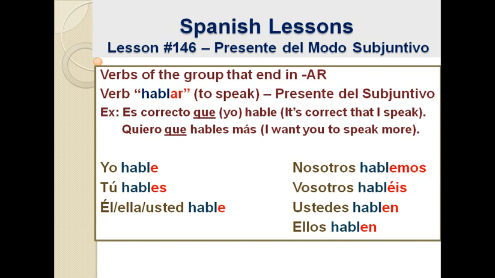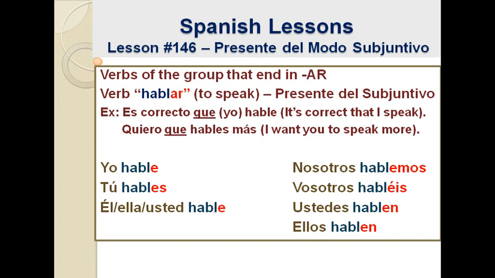Or we can also say que yo hable, que tú hables, que él hable, or ella, or usted hable, que nosotros hablemos, que vosotros habléis, que ustedes hablen, que ellos hablen. As you see, the word que, that means that, is used in these sentences.